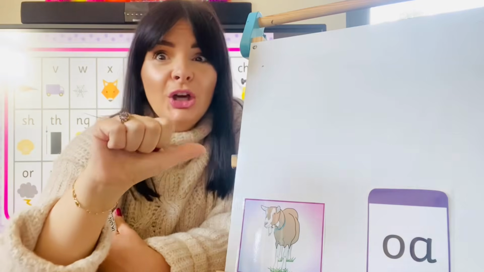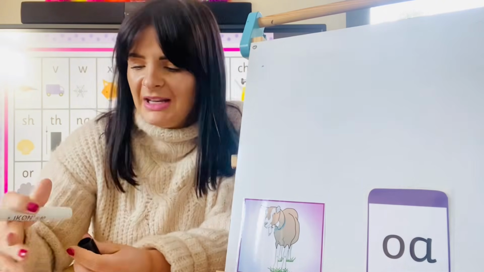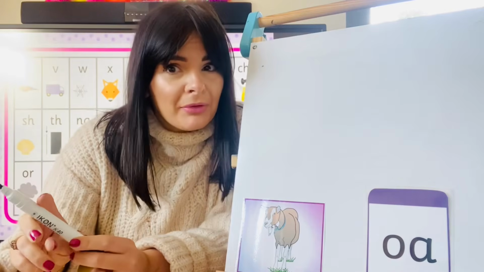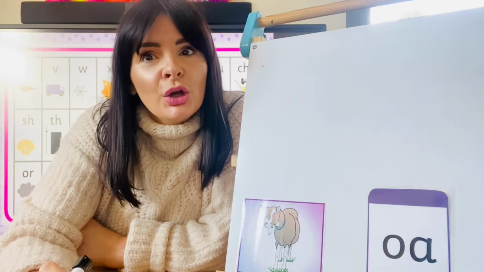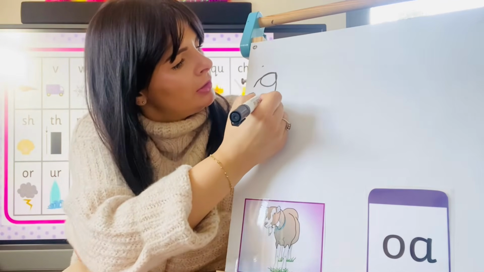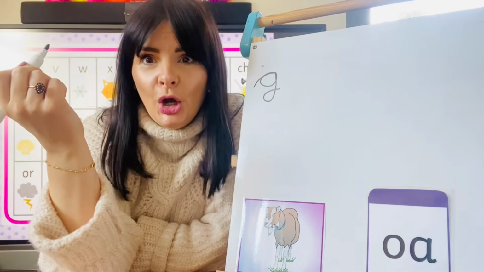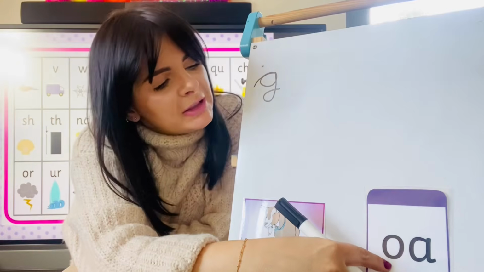Goat. G-O-T. Goat. I bet some of you have already written it while you're waiting for me to sound it out 3 times. Did you already write it? Okay, so what do I need first? G. G-O. I'm going to look at my digraph down here to remind me because it's a bit tricky.